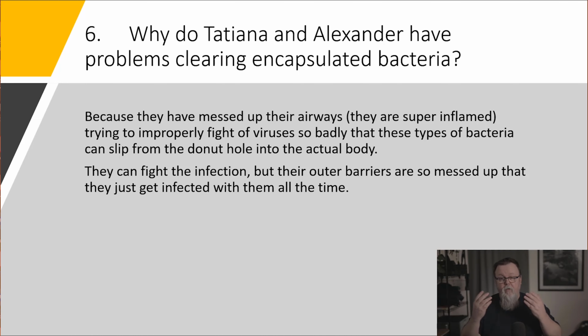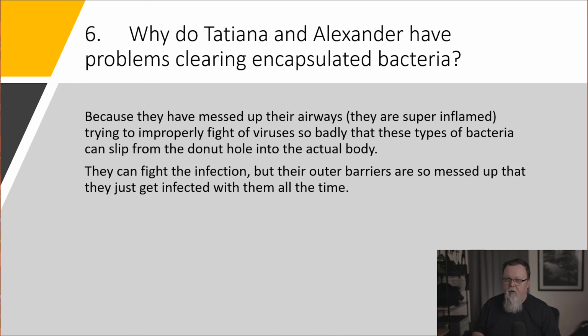Why do you think Tatiana and Alexander seemed to be able to fight off some types of viral infections but not others? That's not completely understood. There are a few different ways that they might be able to do that.